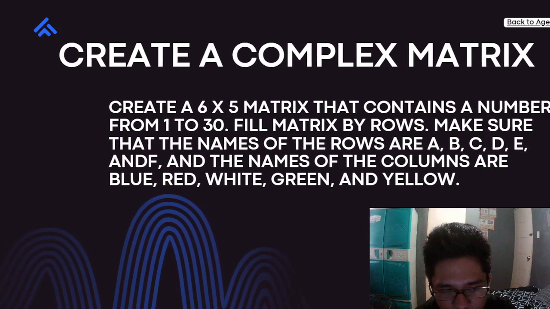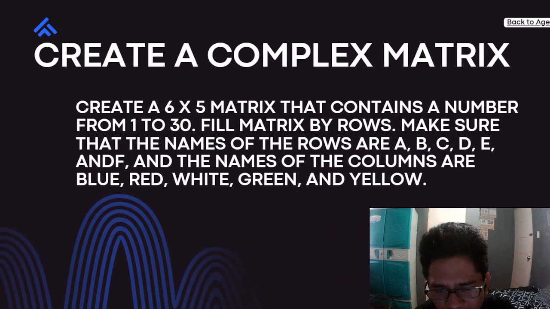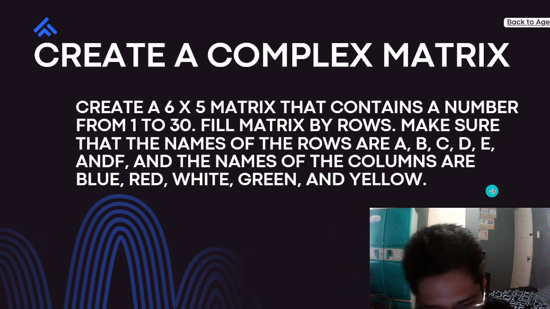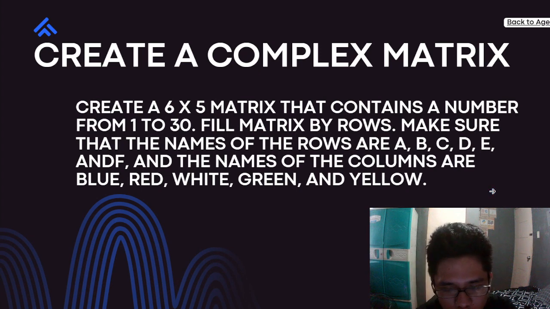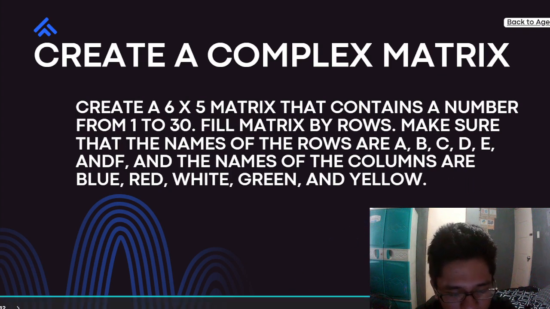So in the matrix, we have to create a 6 by 5 matrix that contains numbers 1 to 30. Fill the matrix by rows and make sure that the names of the rows are A, B, C, D, E, F, and the names of the columns are blue, red, yellow, and white. So here you can see that we're going to create a matrix with said numbers, letters, and colors.